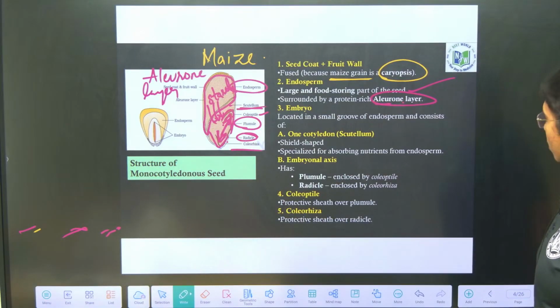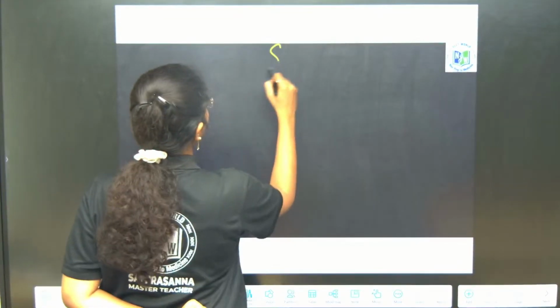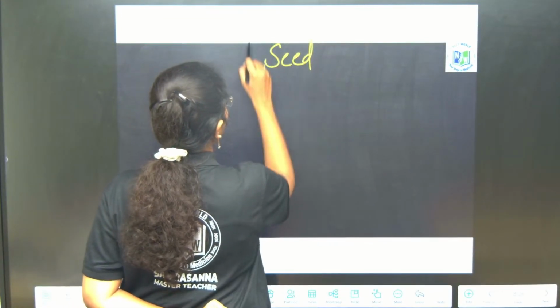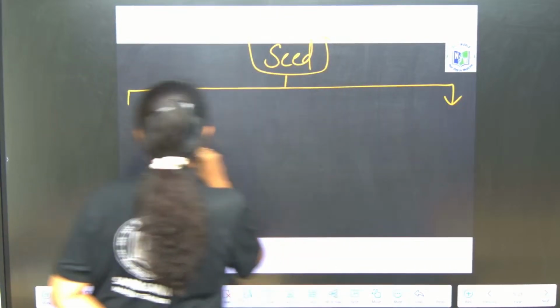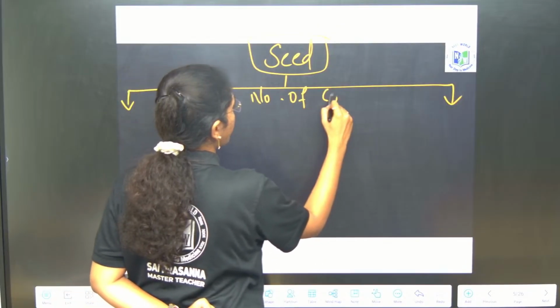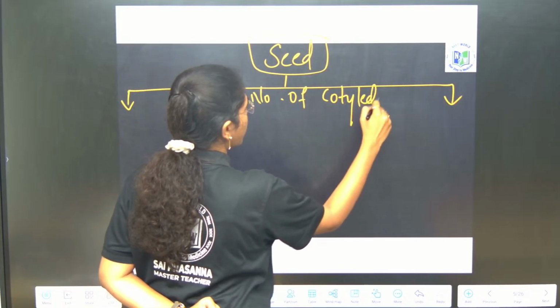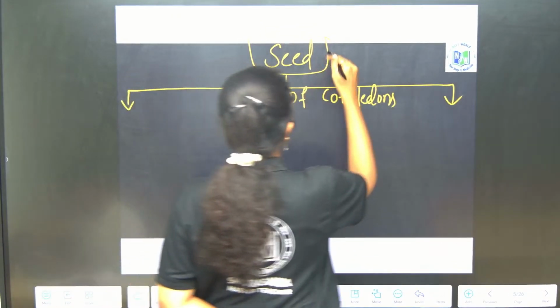Now for your identification, take this flow chart. A seed is of two types based on the number of cotyledons. Firstly, tell me what are the parts of the seed?